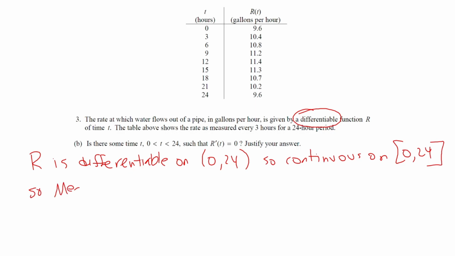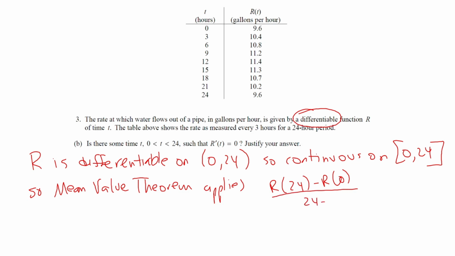So the mean value theorem applies. We want to make sure we state the mean value theorem. And then we'll say the average rate of change from 0 to 24, right? So R of 24 minus R of 0 over 24 minus 0 is equal to R of 24 is 9.6, and R of 0 is also 9.6. And so this is equal to 0.